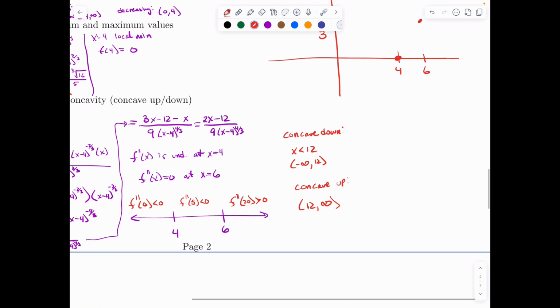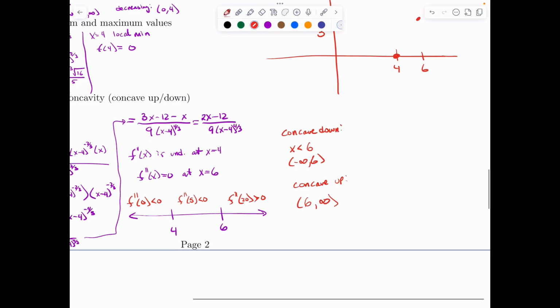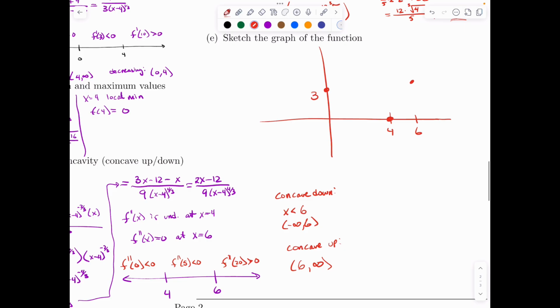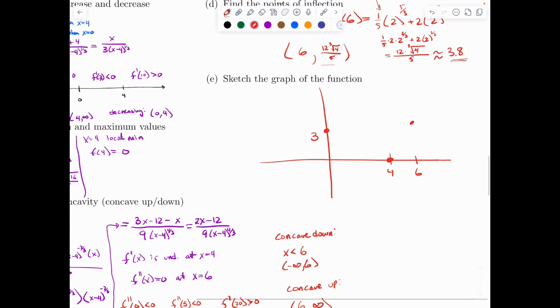Okay, so let's deal with what's going on. We're concave down. Still have that 12 lurking. Concave down between, let's see, from negative infinity to 6.